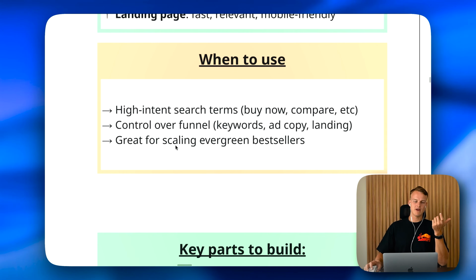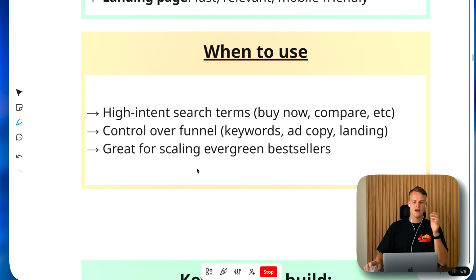And within this campaign type, you have a lot of control over your funnel. So you have control over your keywords, your ad copy, and your landing page. And depending on how warm a user is, which you can read off of their search query, you can match what kind of ad and what kind of landing page you want to put behind that, right? And it's great for scaling evergreen bestsellers.